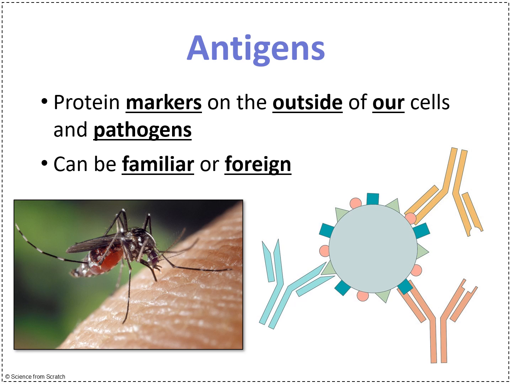However, viruses, bacteria, fungus, protozoans, and worms, and any other pathogen will have antigens on the surface of their cells that our body will recognize as foreign. And foreign antigens will trigger an immune response.